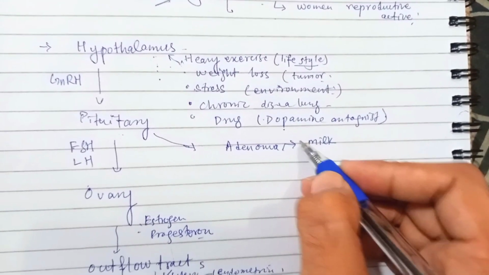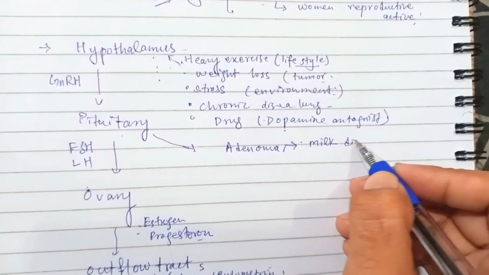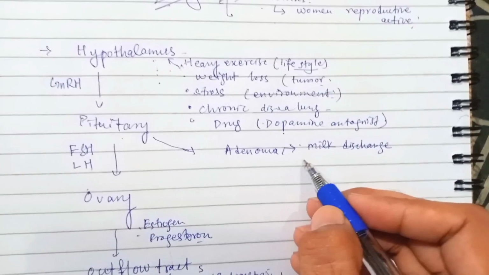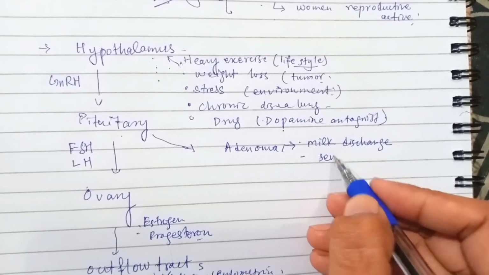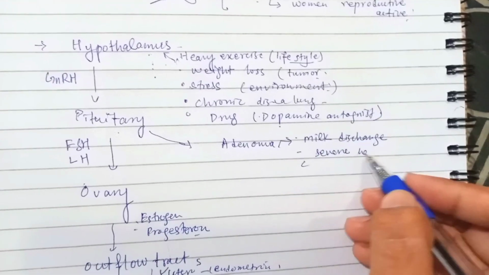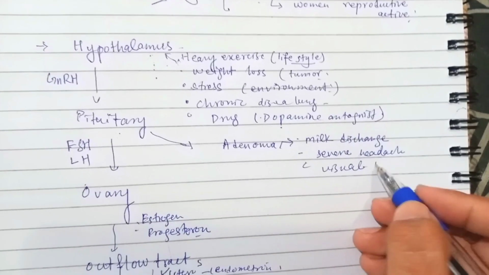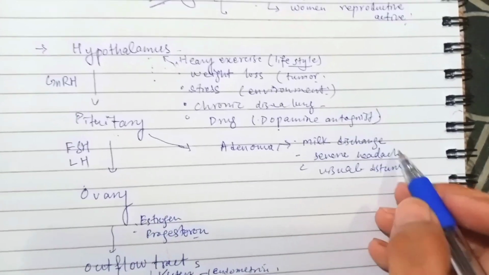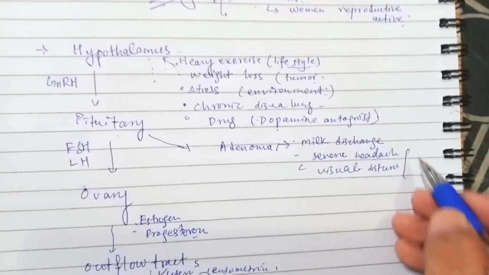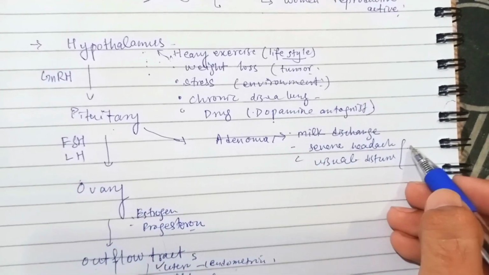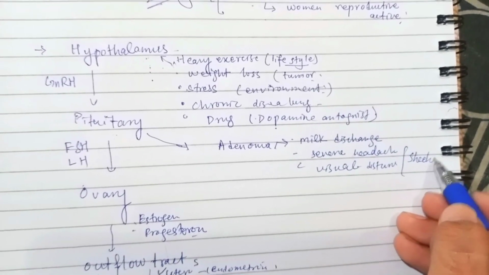We should ask about milk discharge from the breast. Is there severe headache and visual disturbances? Are these present in the absence of pregnancy? This is called Sheehan syndrome.